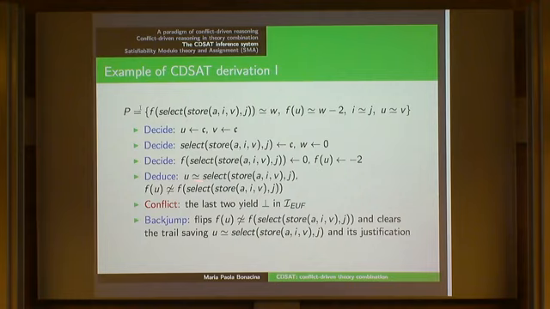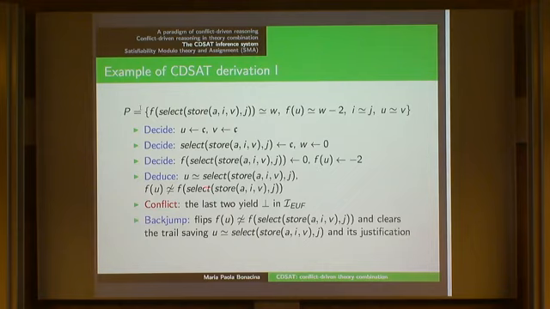And then because FU is -2 and F select store is 0, we can deduce that they are different. At this point we have a conflict because these 2 terms are equal, but the function f applied to them yields 2 terms that are different. So these give a contradiction in the theory of equality.